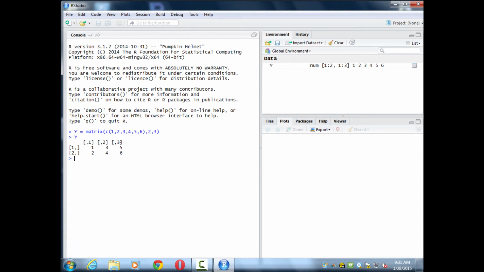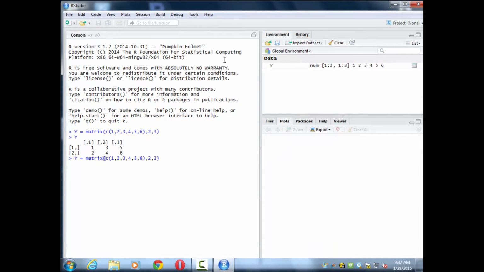If we instead would like for these values to be stored per row, on the first row and then the second row, we can do that by making use of a parameter, the parameter byrow.